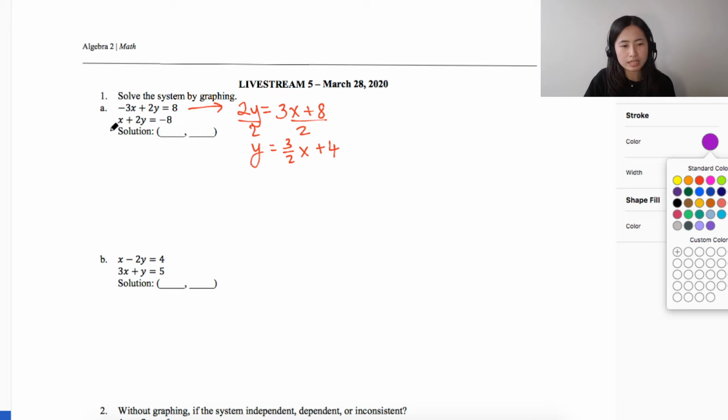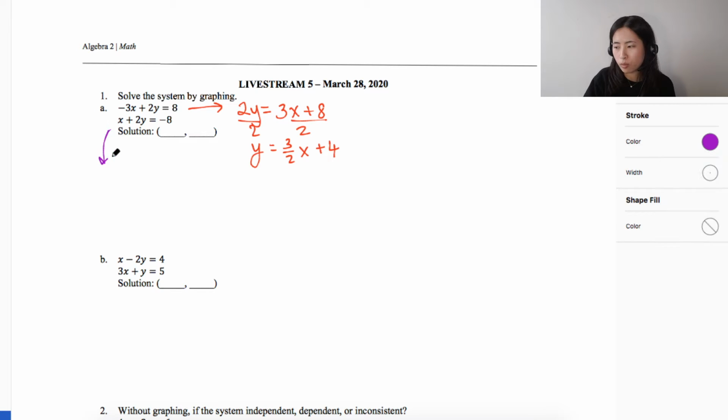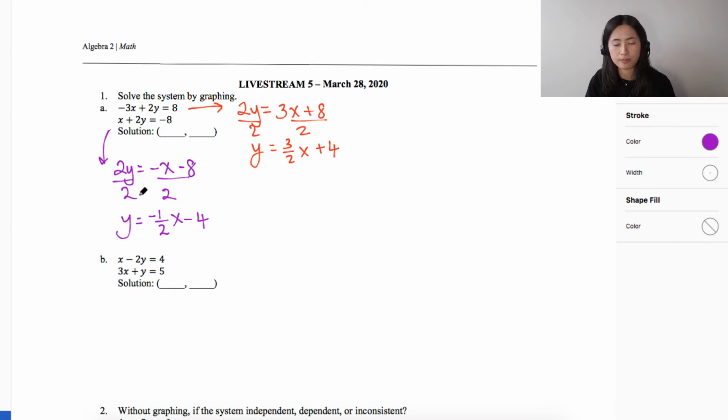So taking x plus 2y is equal to negative 8 and isolating y, we would have 2y equal to negative x minus 8. Dividing both sides by 2, y is equal to negative 1 over 2x minus 4. Now that we have both equations in slope-intercept form, we're ready to graph them.